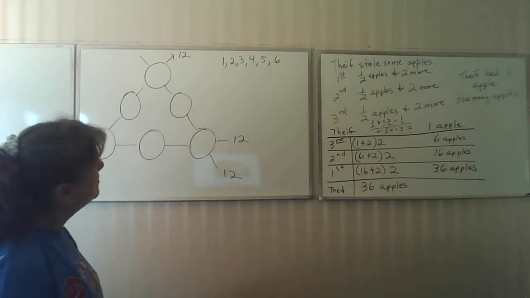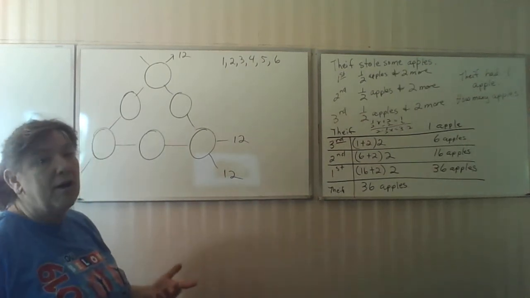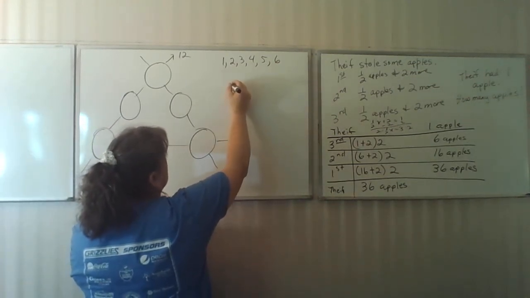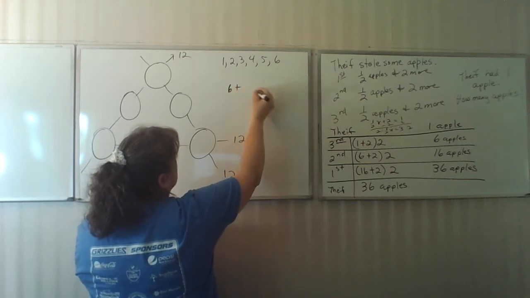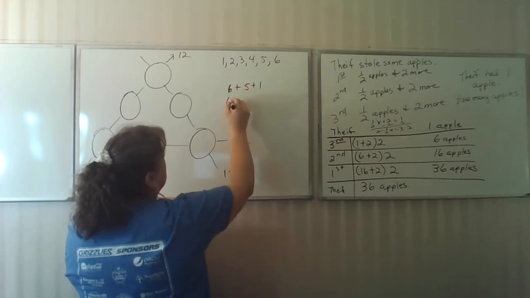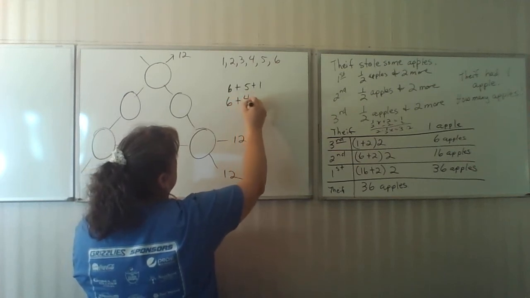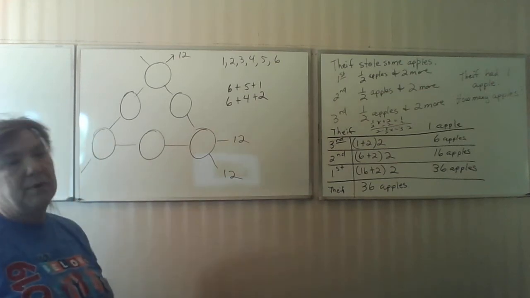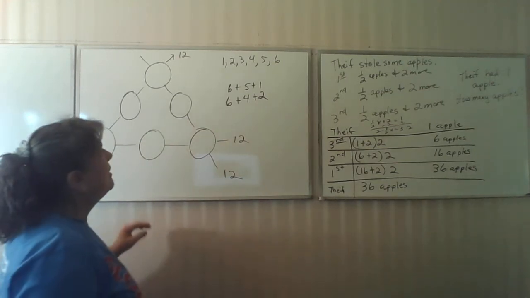So what I do with this is I start, first of all, with looking at different ways to make 12. Well, let's see, 6 plus 5 plus 1 makes 12. 6 plus 4 plus 2 makes 12. So there's 2 different ways to make 12. Now I need one more.